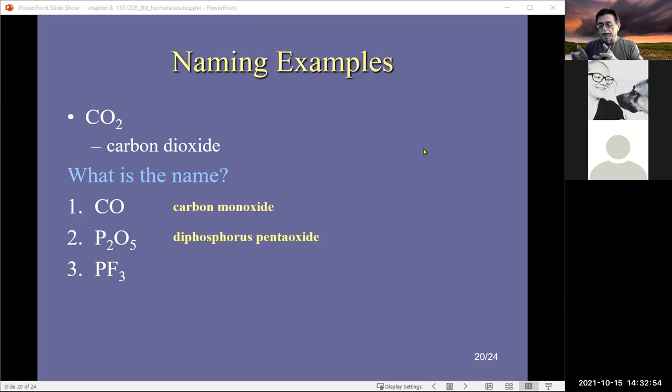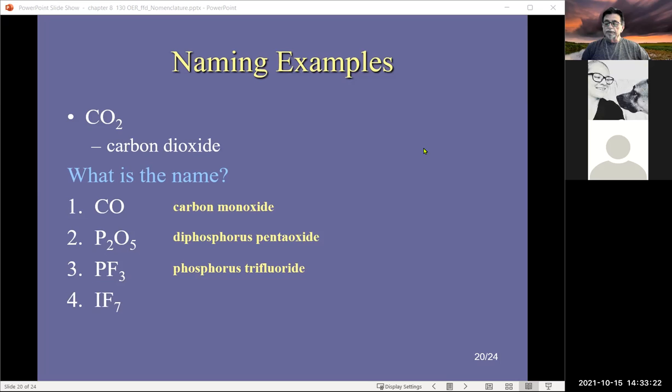And then we've got fluorine, which we change its name to fluoride, just like we do with ionic compounds. We add the prefix because there are 3 fluorides, and hence this becomes phosphorus trifluoride. We don't need to add the mono because we've got just the 1 atom up front.